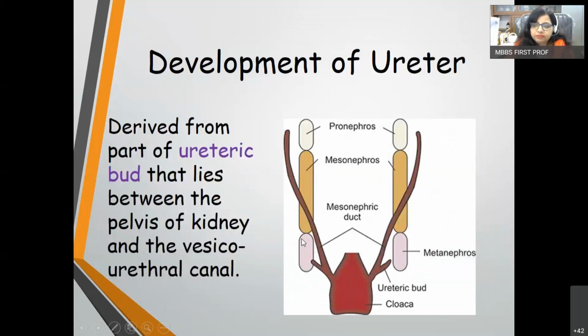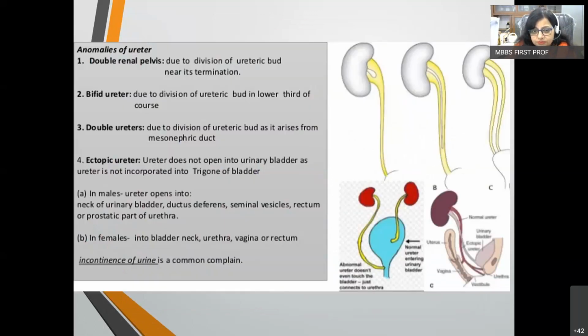Now, when we come to the development of the ureter, as you know, it is the mesonephric duct that, before its entry into the cloaca, gives a bud, and this bud is responsible for the formation of the ureter along with the whole of the collecting system. So there could be duplication, agenesis, ectopic ureter, and these are some of the anomalies which could occur because of abnormal development of the ureter.